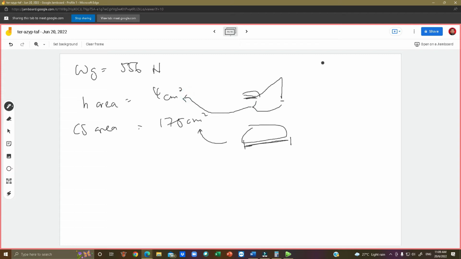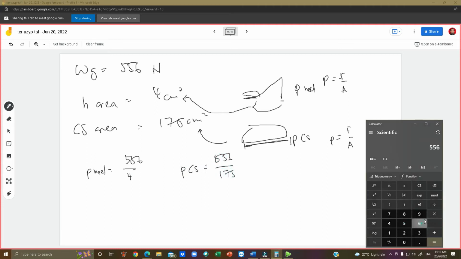So now let's find out pressure for heel and pressure for court shoe. So pressure equals to force over area. So we have pressure heel, sorry, this one is small caps, equals to force 556 over 4, and pressure court shoe 556 over 175.